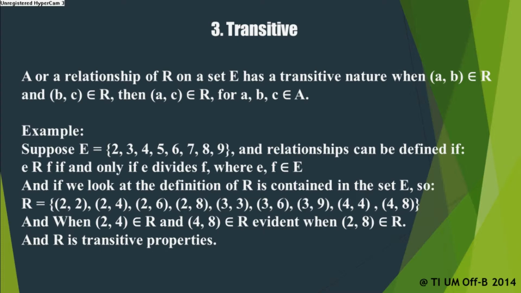When (2,4) is in R and (4,8) is in R, we find that (2,8) is in R, so R has the transitive property.